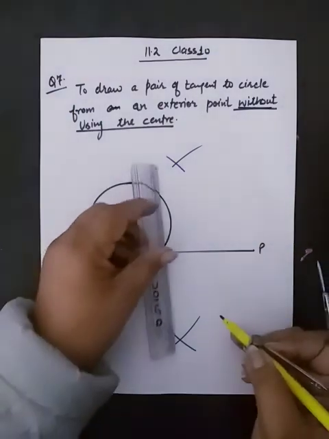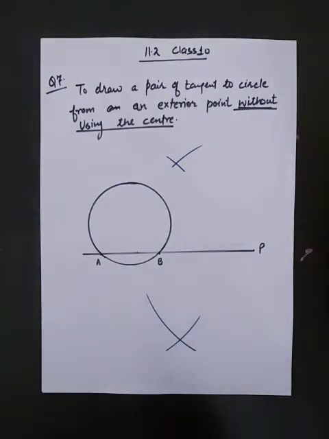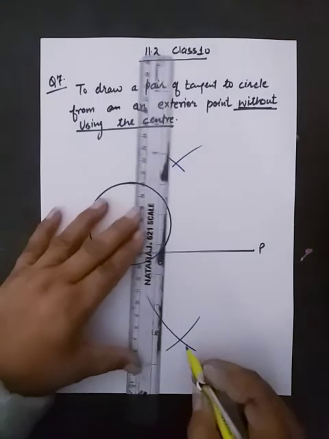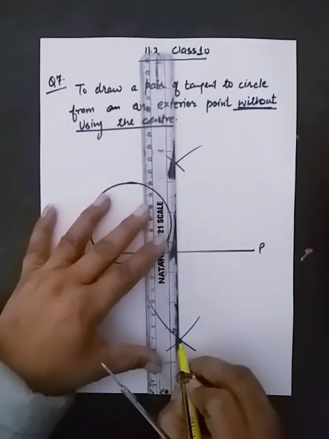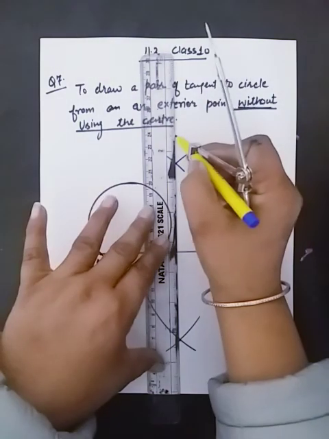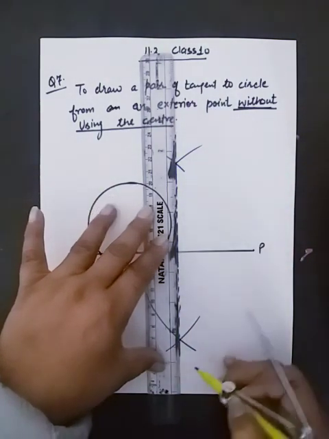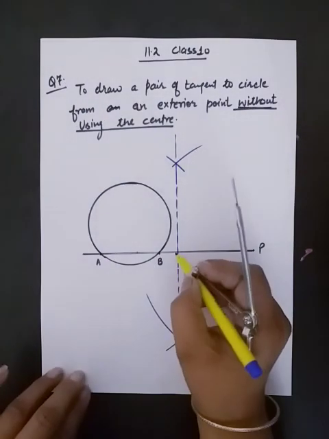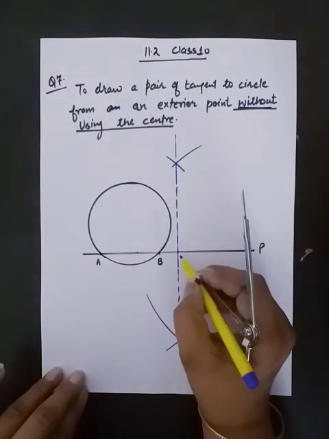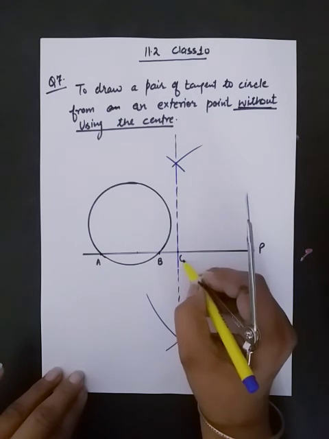Now we will join these two arcs. So a point is obtained on PA. Let me mark it as O.